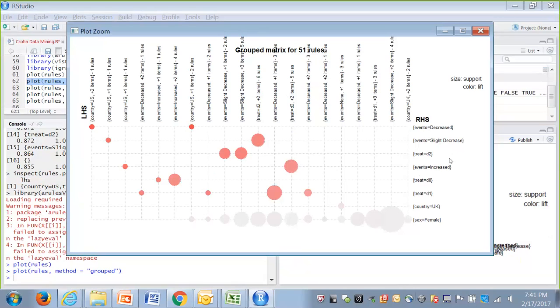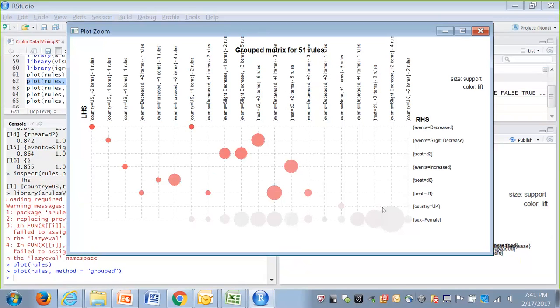That kind of means that, all right, events that have decreased, and then events that have slight decreases. Now, if we look at events that have decreased, you don't see anything here. But what you do see is when you have a treatment, D1 correlates to a particular decrease in events, which is quite an interesting perspective.